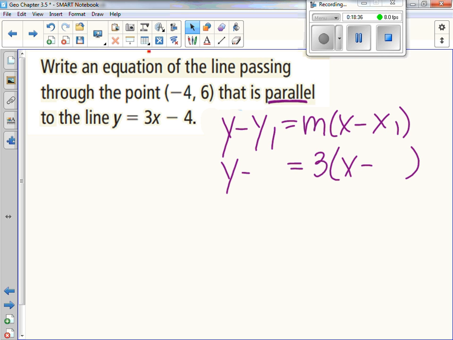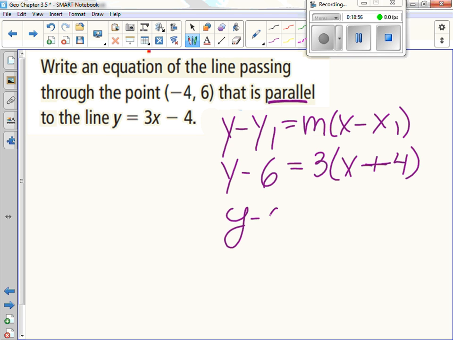So what's the point we're going to use? Negative 4, 6, yes? So, what's the y value? The x value is? Well, negative and negative will make a positive. Solve for the value of y. Well, the first thing we'll do is distribute the 3. 3 times x will give us 3x. 3 times positive 4 will be plus 12.